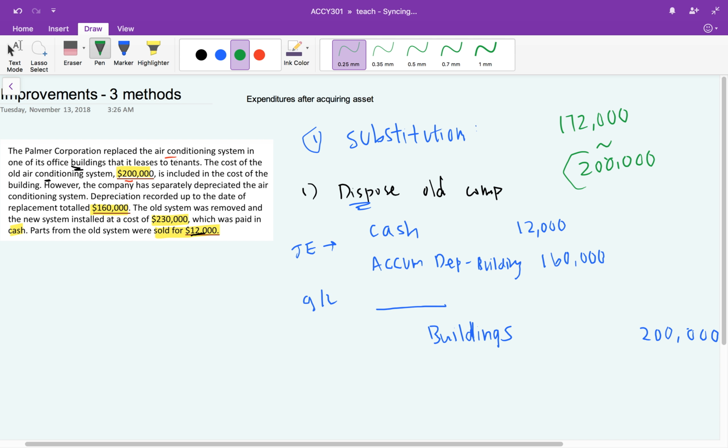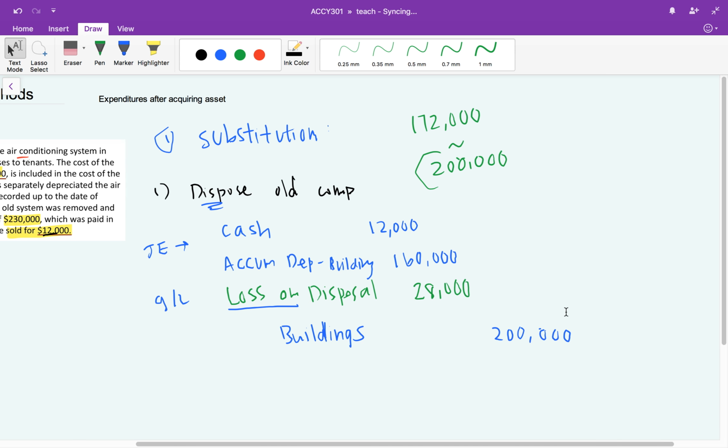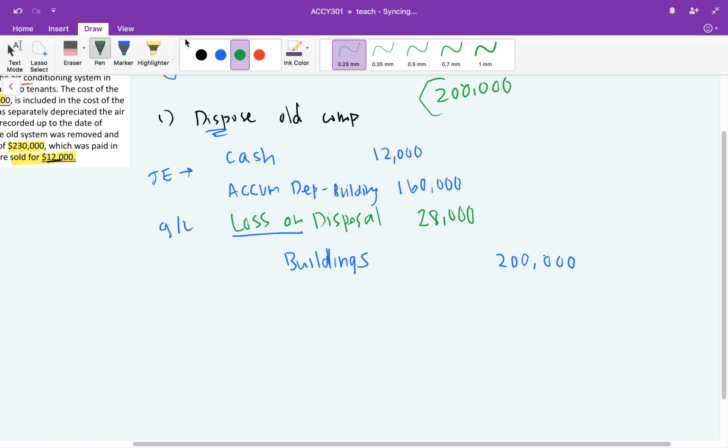So after subtracting these two numbers, you would receive a loss on disposal of 28,000. So that is your first step, disposing of the old component. And your second step is to acquire the new component.